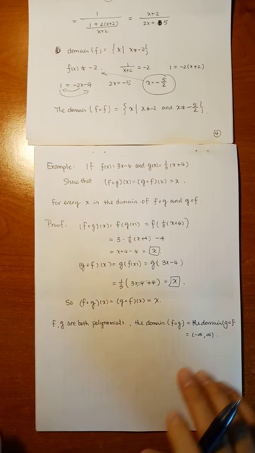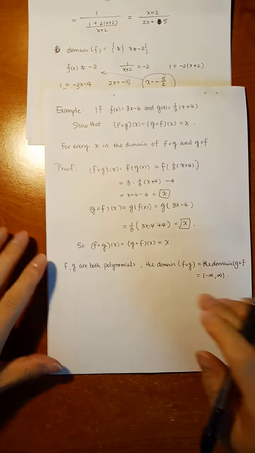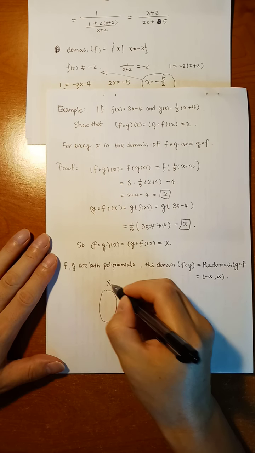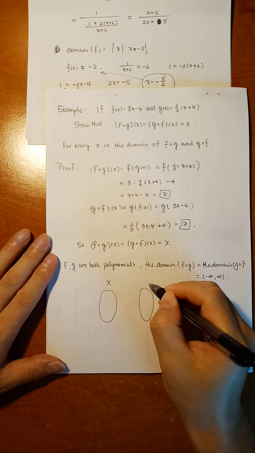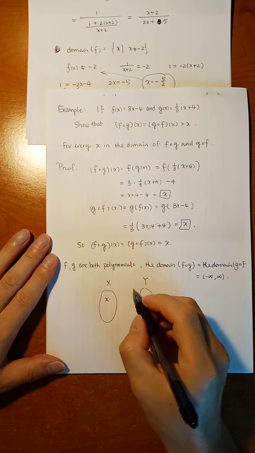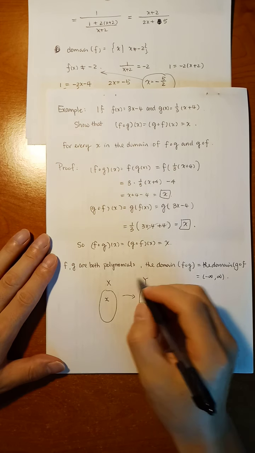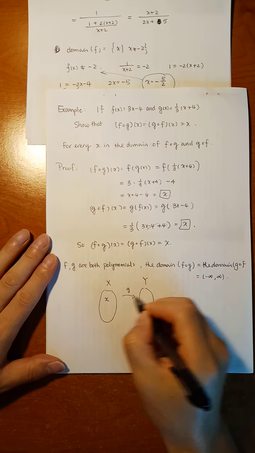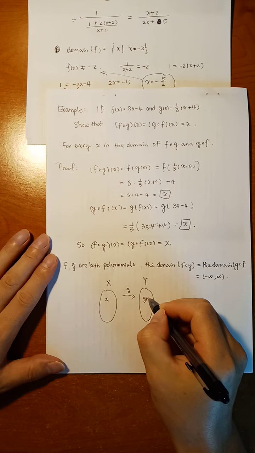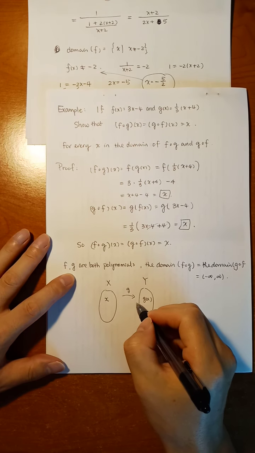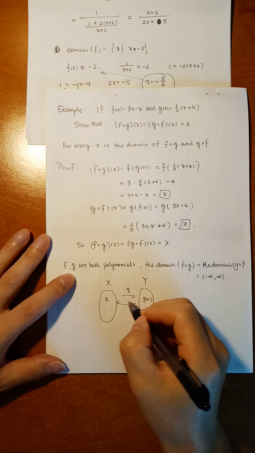So what does this mean? This actually means the following. You have the set of x. You have a set of y. You have x here, then g applies x to g of x. Then f, you see, f applies g of x back to x.